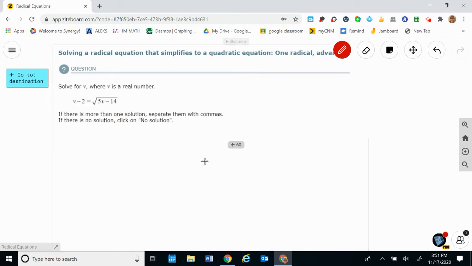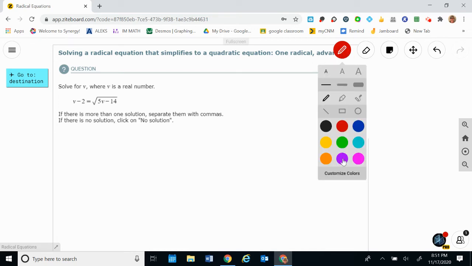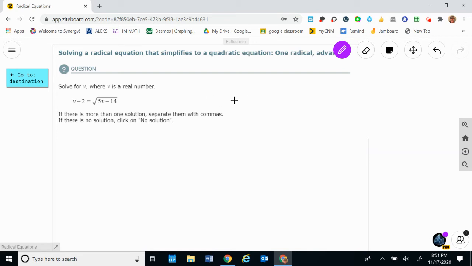Okay. All right. Now look, it's getting a little more complex, but not really hard, you guys. It's basically the same thing we've been doing. Okay, we're just trying to get the variable out of the square root. So to get it out of the square root, we simply square both sides. But this time you have a binomial, so you have to square the whole binomial.